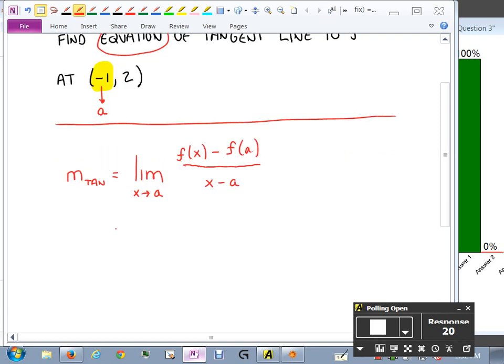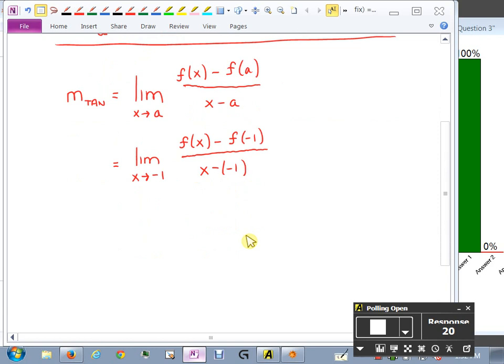So what I'll do is I'll rewrite the entire thing. Limit as x approaches not a, but negative 1 this time, of f of x minus f of negative 1 over x minus negative 1. If I can figure out what this limit is, then I will have the slope of that tangent line.